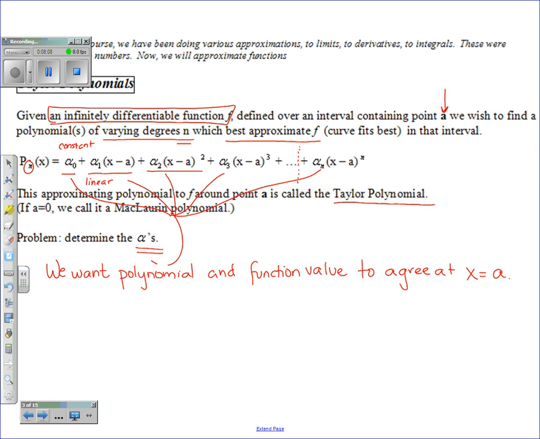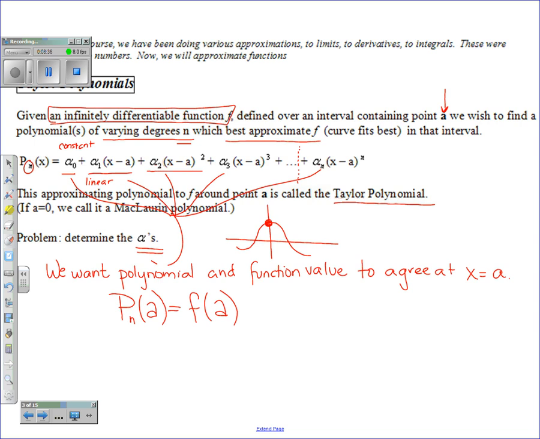Okay, because otherwise the polynomial and the function, sort of kind of like that cosine curve that I was talking about, we want them both to be 1 right there. So really what we want is we want p sub n of a to equal f of a. Okay, we want p sub n of a to equal f of a.